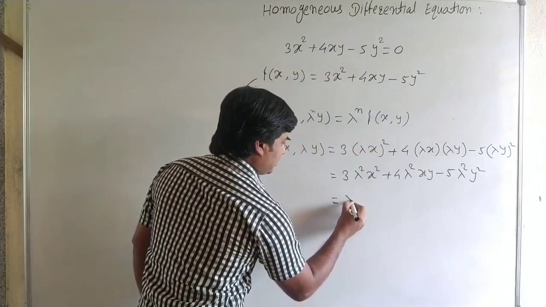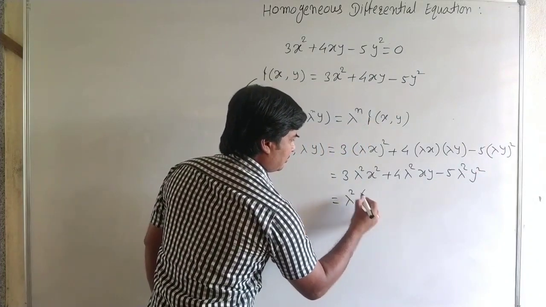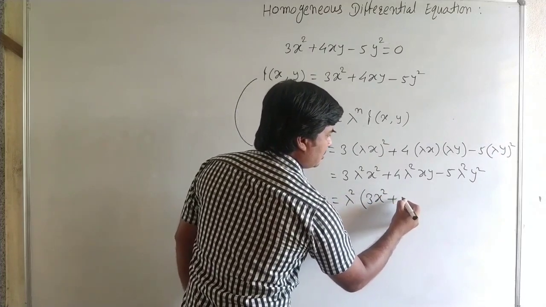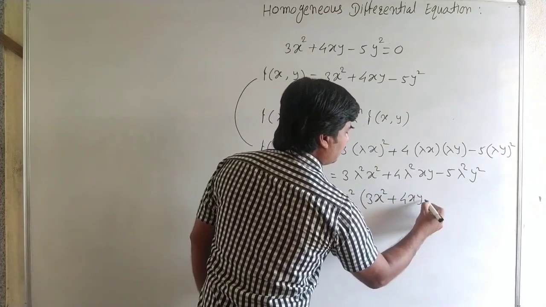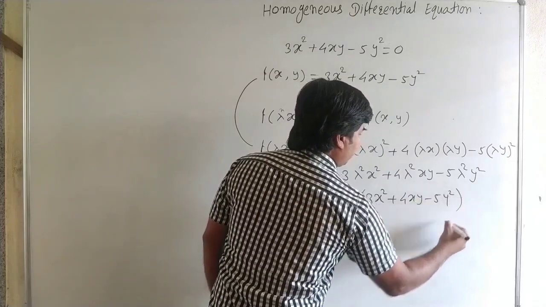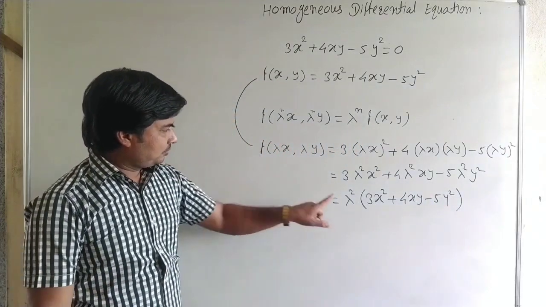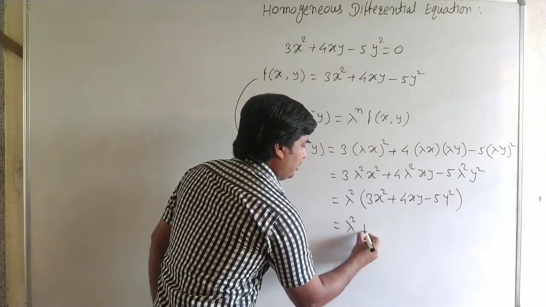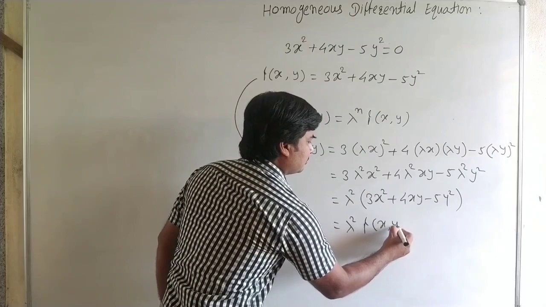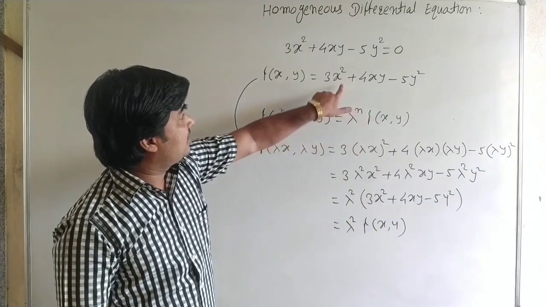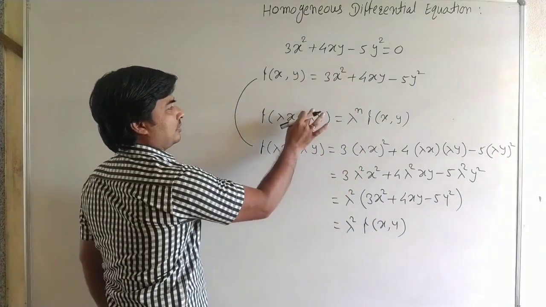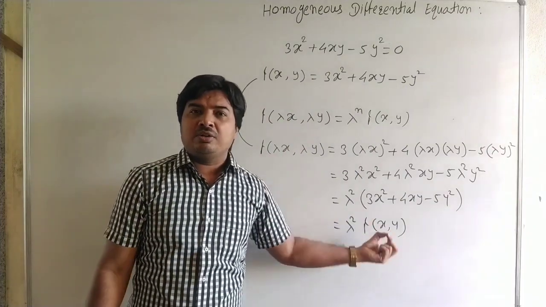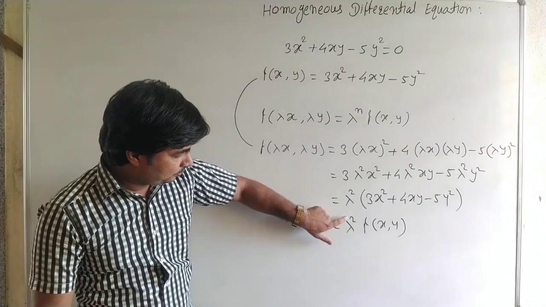Taking lambda square common, we get lambda square into 3x square plus 4xy minus 5y square, that is, lambda square into f of x comma y.